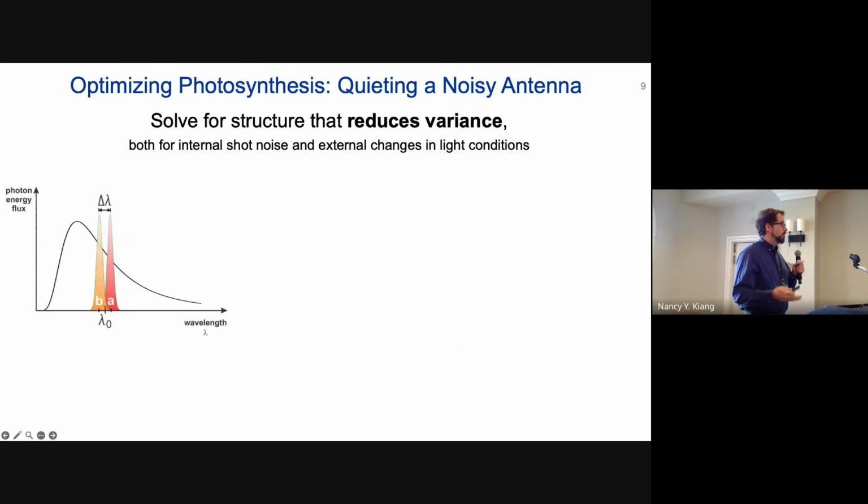And so what we can do is solve for the conditions that reduce variance and improve power conversion. My old PI Nathan gave this a more poetic name. He likes to call it quieting a noisy antenna, reducing the noise in your process.